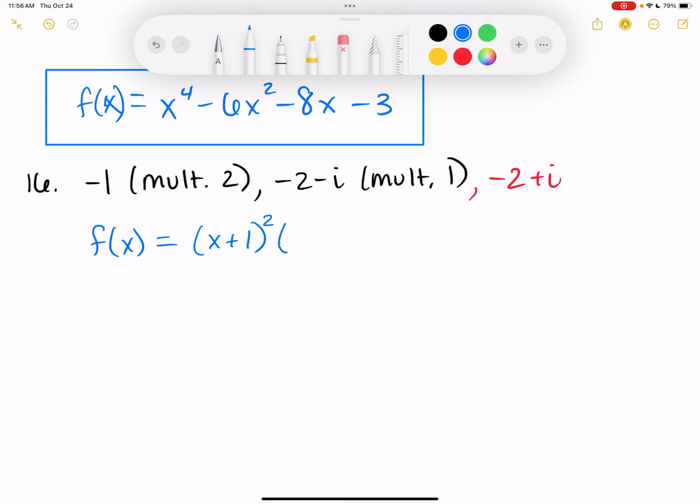And then x plus 2 minus i, and then x plus 2 plus i. You've got to remember each of these things are x equals this, so to move them over, I've got to change their signs.